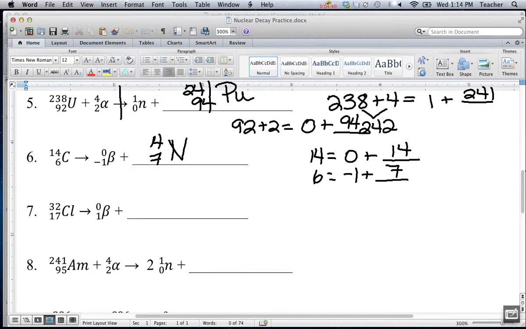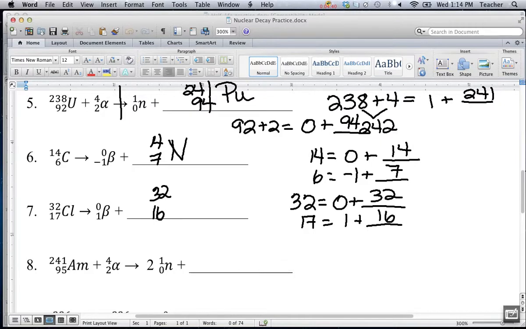Number 7, I take 32, and that is equal to 0 plus, obviously, 32, which goes there. And then on the bottom, 17 equals 1 plus a blank, which is 16. Looking that up on the periodic table, that is S for sulfur.